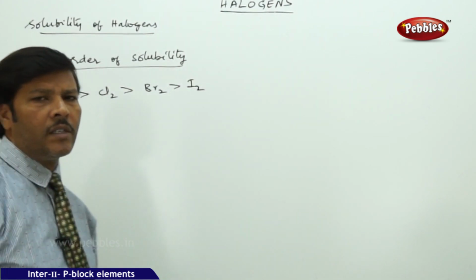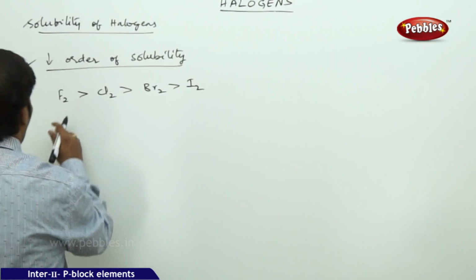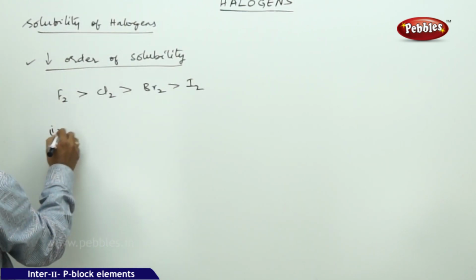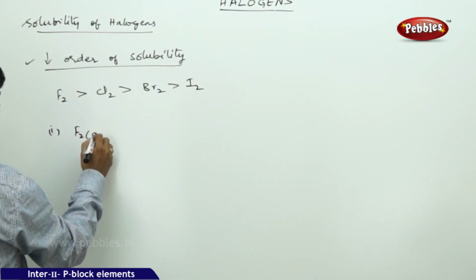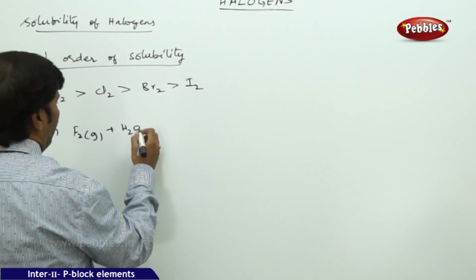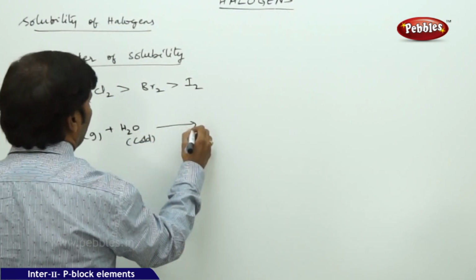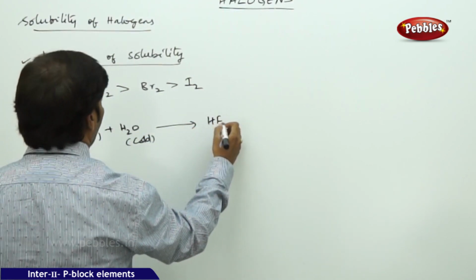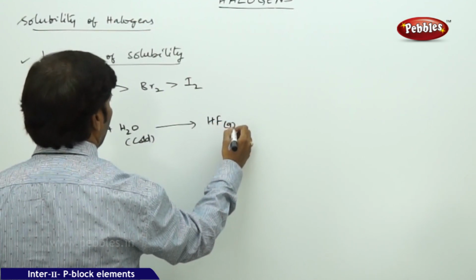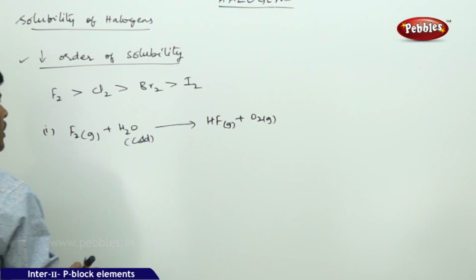Iodine, because of its large size, is almost insoluble in water. But fluorine gas, when it reacts with water under cold conditions, gives HF gas plus O2 gas. This is one reaction you need to remember.